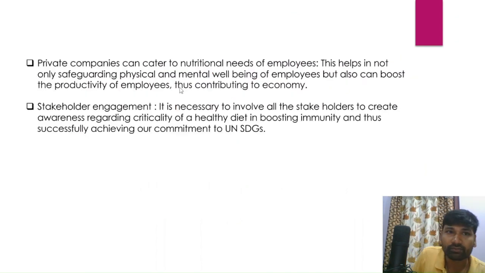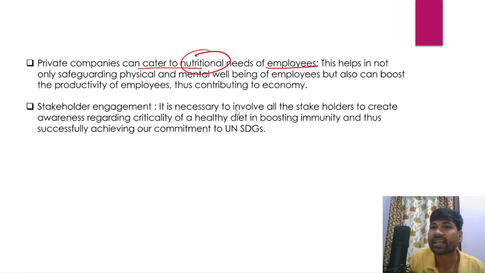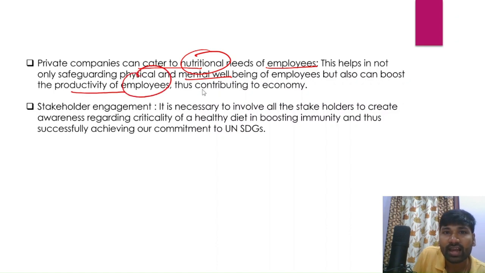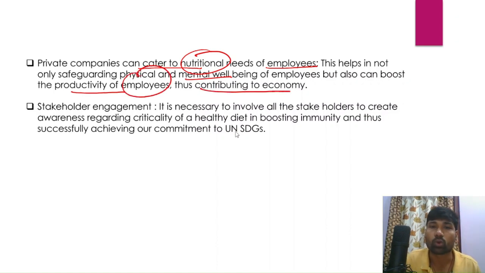And in fact, private companies can also cater to the nutritional needs of employees, and this would help in not only safeguarding the physical and mental well-being of employees, but also boost their productivity, and thus contribute to overall economic growth and economic development as well.